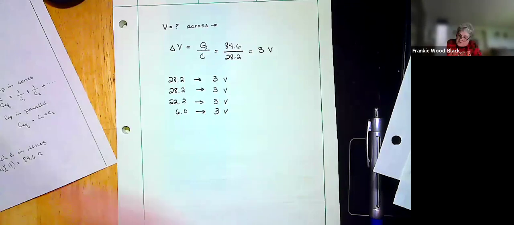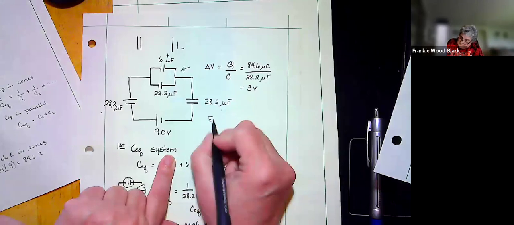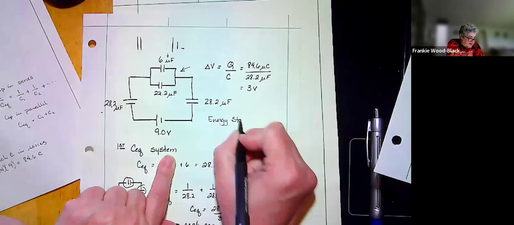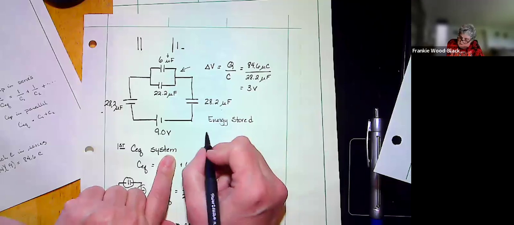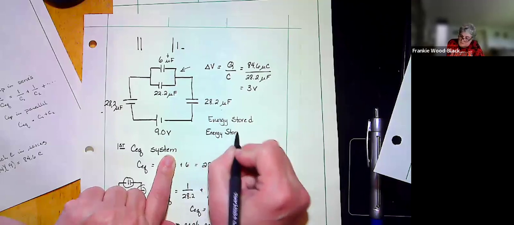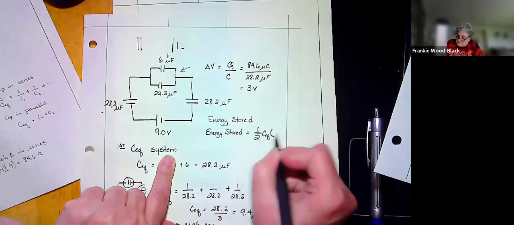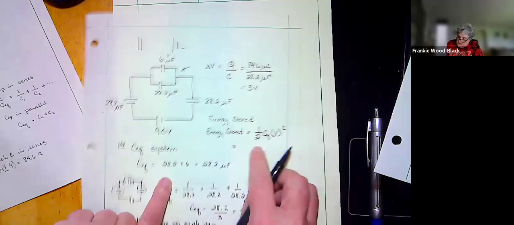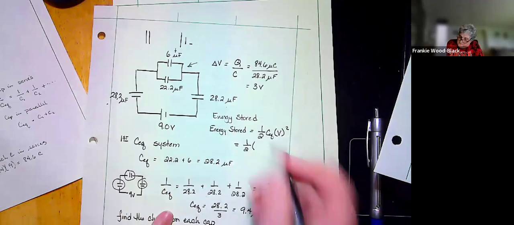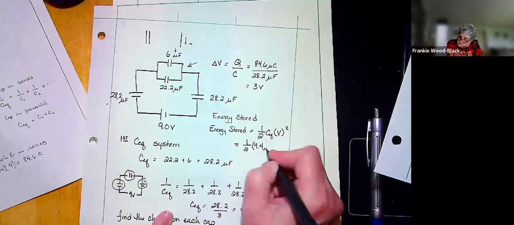And if we wanted to take the energy stored for the system, our energy stored is going to equal 1/2 the equivalent capacitance times voltage squared. So we already calculated our equivalent capacitance, and that was 9.4 microfarads, and our voltage was 9 volts.